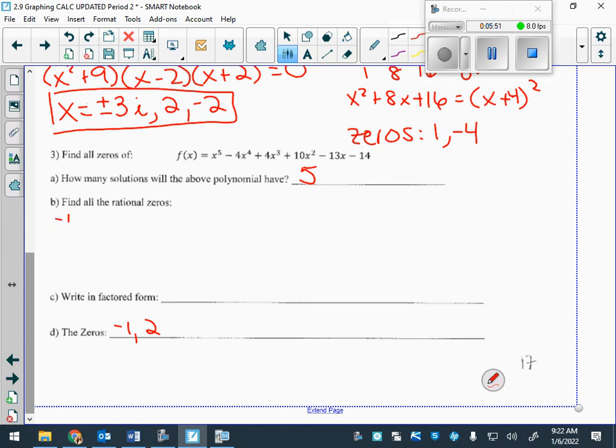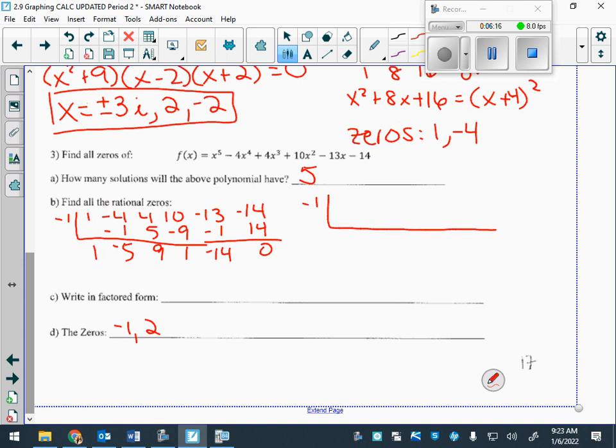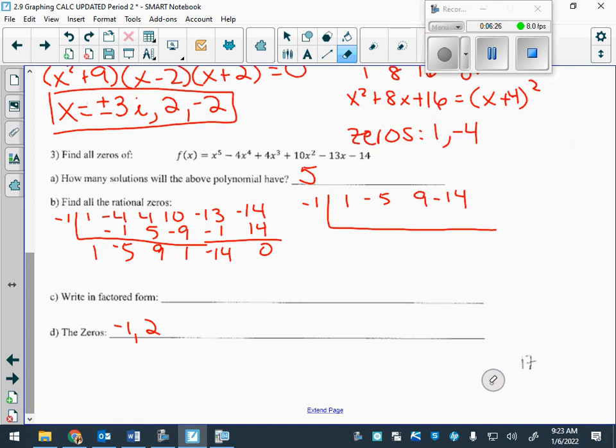So at -1, I'm going to try -1 again. Oh, there's an extra 1 in there.